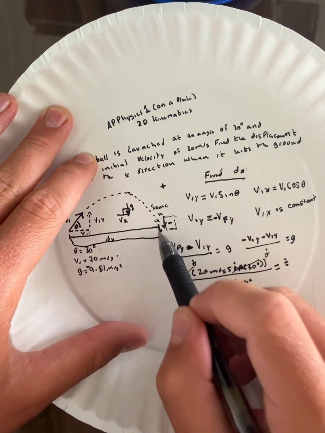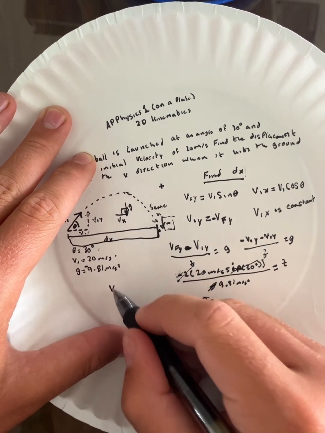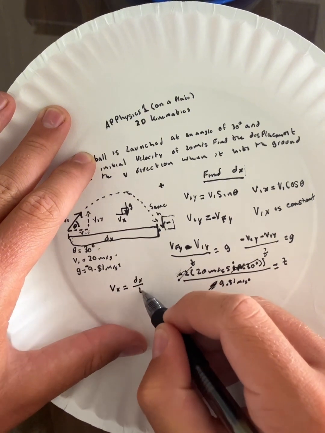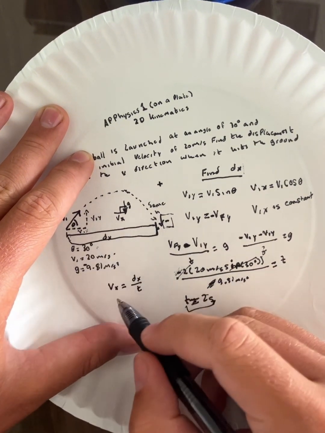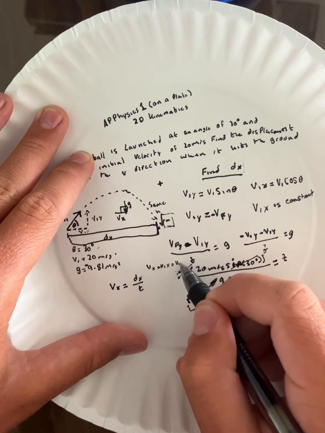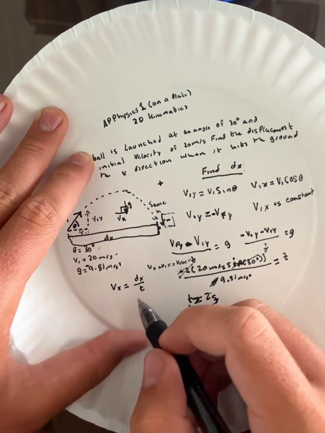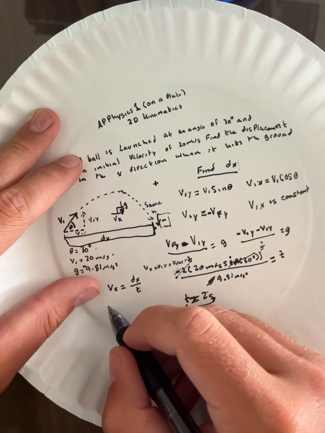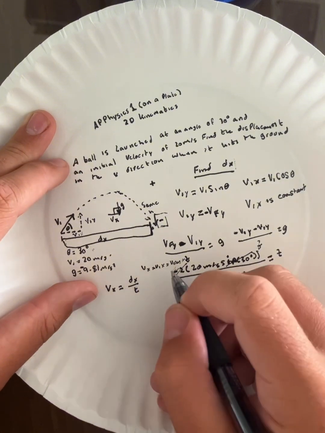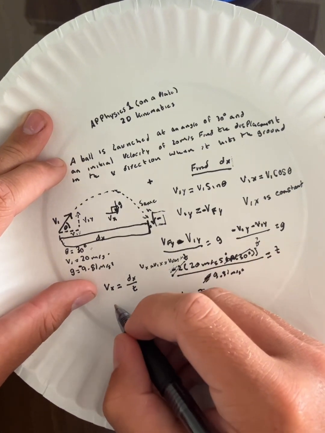Now, we do have an equation for this, which is Vx, which is constant, is equal to dx divided by time. That's just our equation for constant velocity. And we know our time, which we just solved for, since that is going to be the same. And we know our velocity is just equal to vi, which is 20 meters per second, times cosine 30, which is radical 3 over 2. So I will write that down right now.